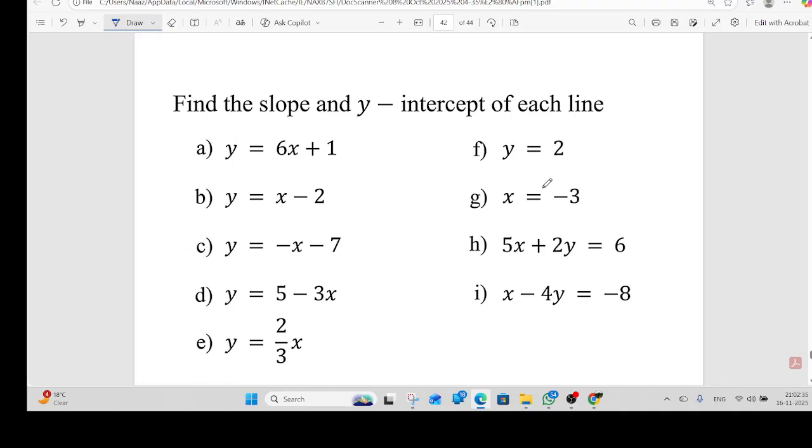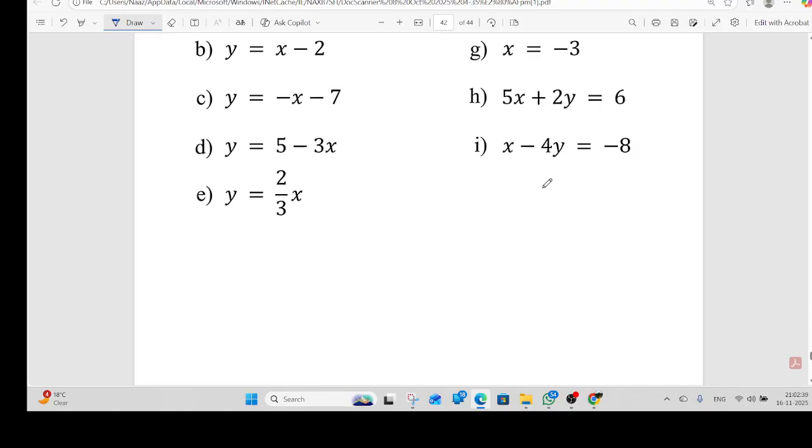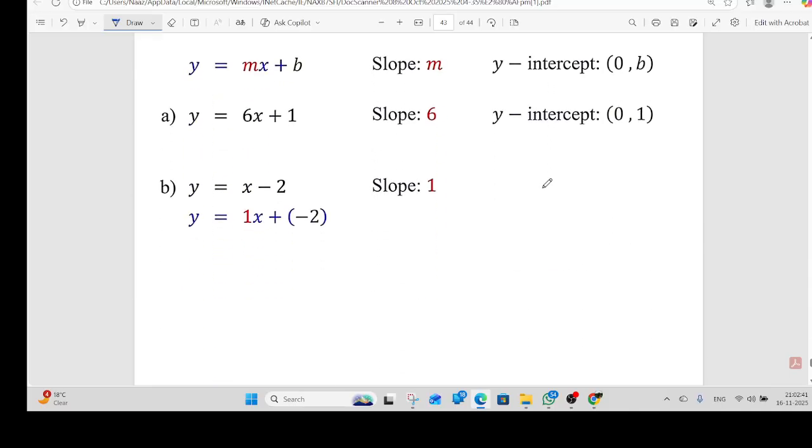So these are the questions where we have to find the slope and y-intercept of each line, because this is in slope intercept form. Y is equal to mx plus b. So if you compare it with slope intercept form, slope is 6, y-intercept is 1, right? Y-intercept is 0 comma b because the x coordinate is 0.